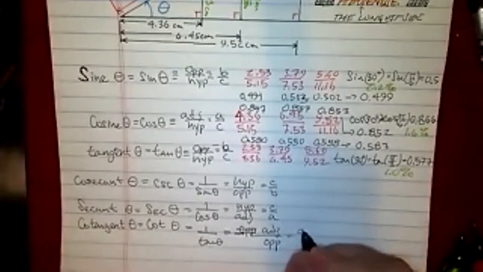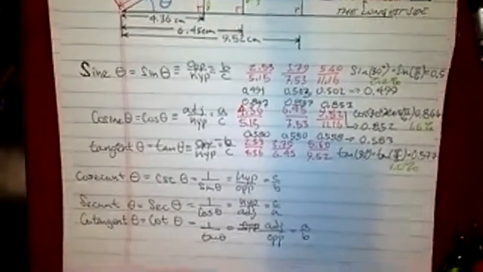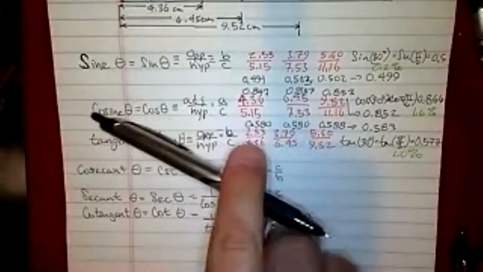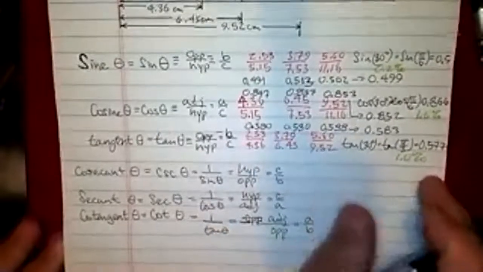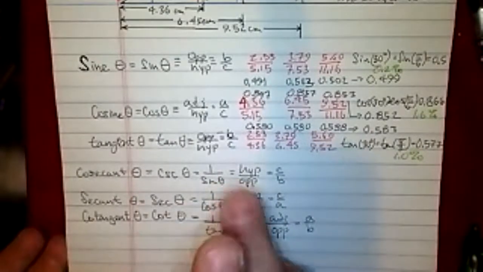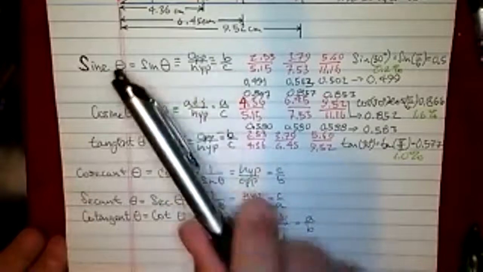And of course, it also equals A over B. So now you can see why we have 6 trig functions, and we've even learned what the co means on each of them. And finally, we've learned a way to actually figure out an individual trig function.